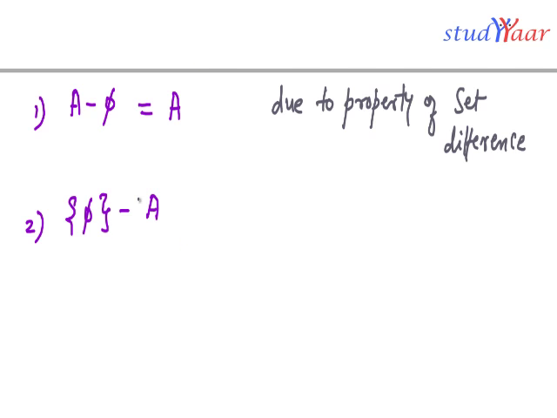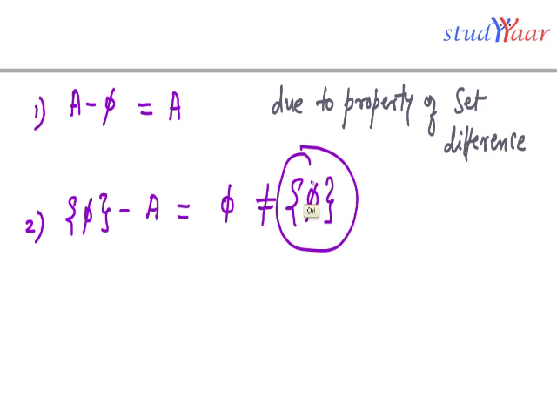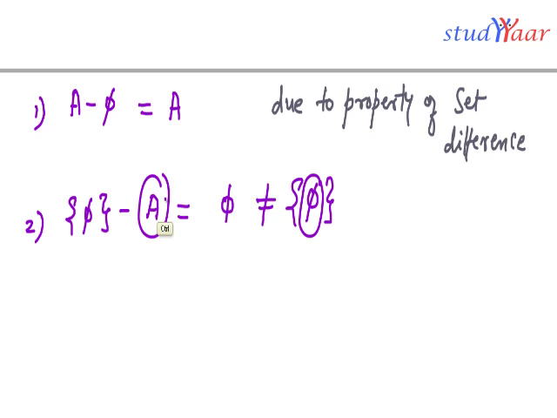So the answer is a set containing nothing. It is this. Just realize one thing, it is not this. There is a difference between this and this. This is not there because phi is already contained in A and it is also contained in this particular set.